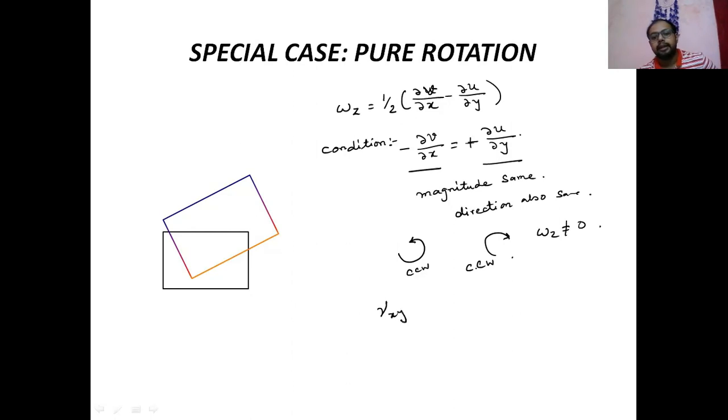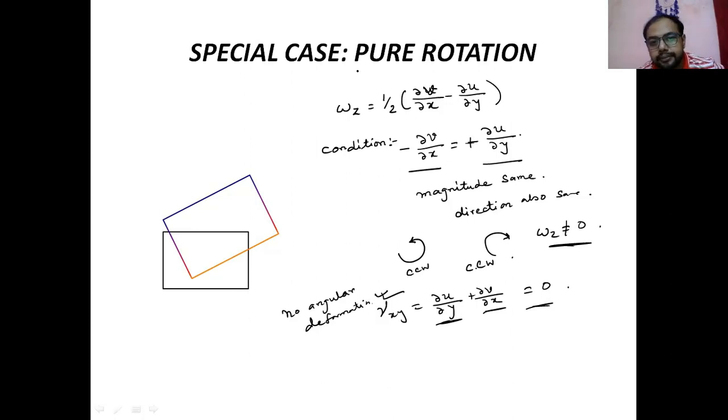But if you take the angular deformation, it is du dy plus dv dx, that becomes 0. So no angular deformation, only rotation. This is 0 because del v del x is equal to minus du dy. That is called the pure rotation case.